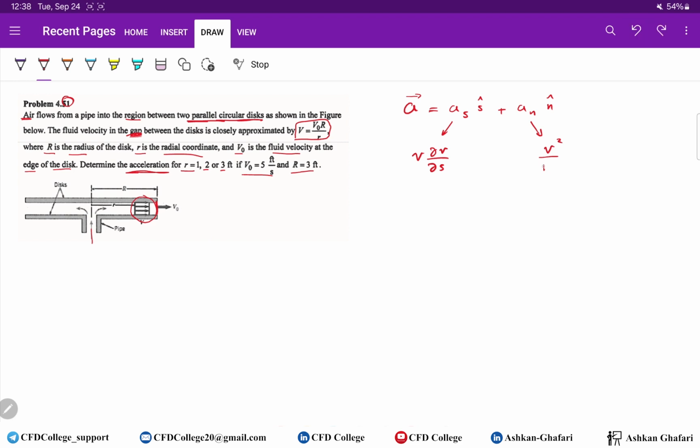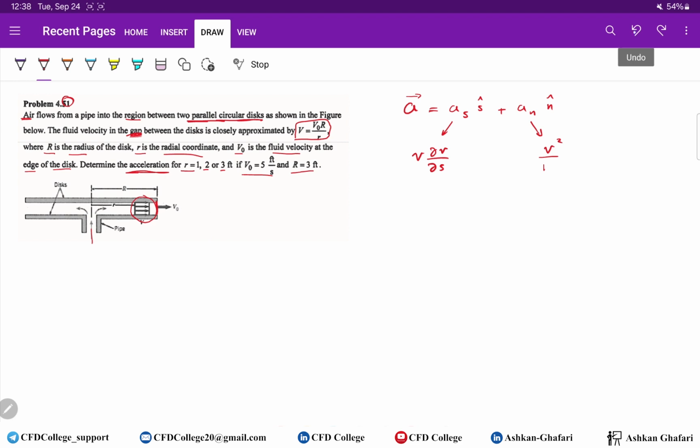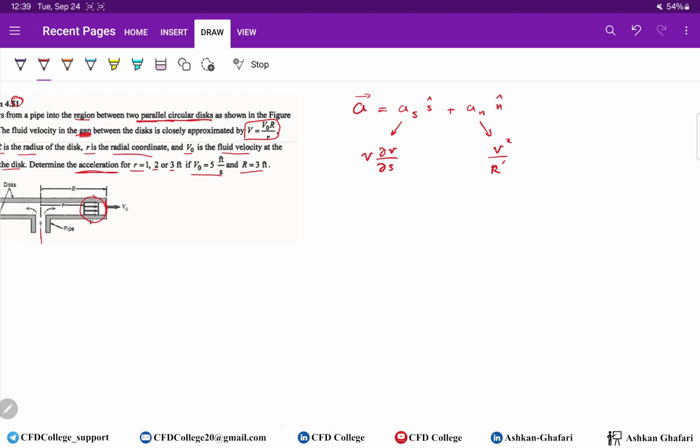The radius of this, this is not this local r coordinate, it's the radius. Let me show it by, for example, r prime. It's the radius of the curvature.